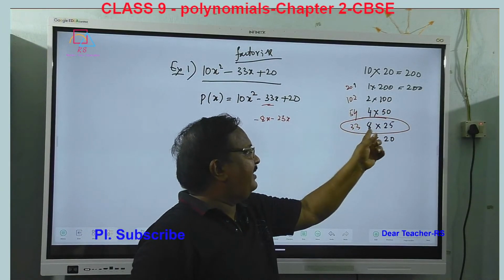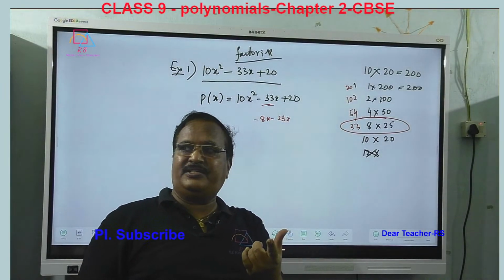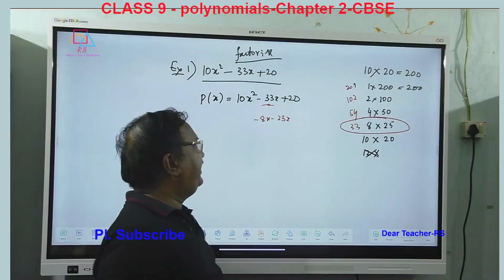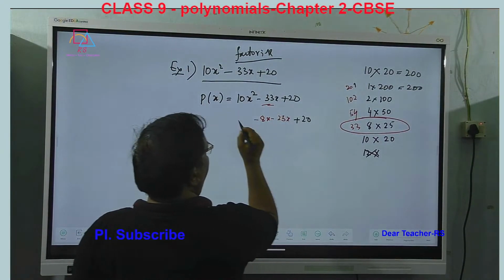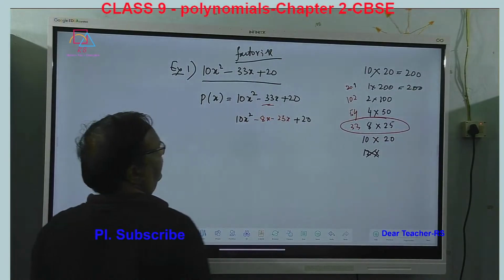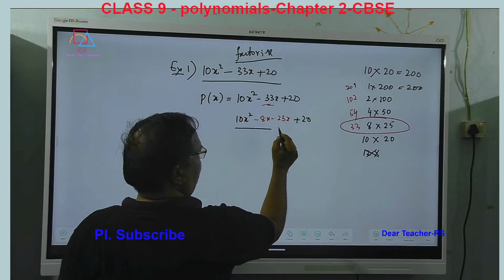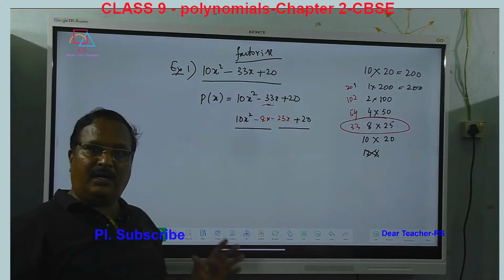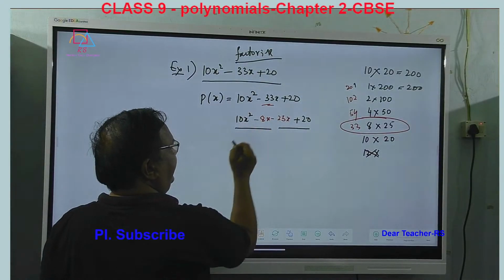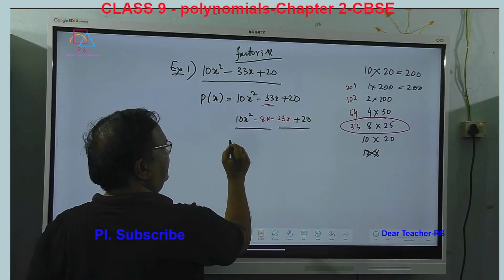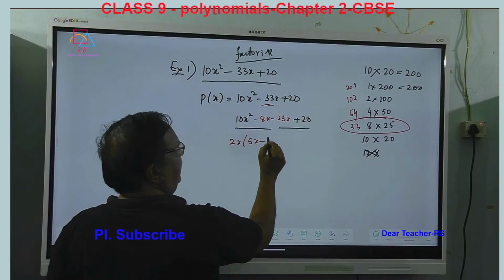So 200 factors: 8 into 25 is one pair, minus 8 into minus 25 is another pair. Okay. So the remaining thing you can write as it is, 20 and this is 10x square. After splitting the middle term, group the first two, group the last two and take common things. In this, 10 and 8 highest common factor is 2x, so 2x into 5x minus 4.